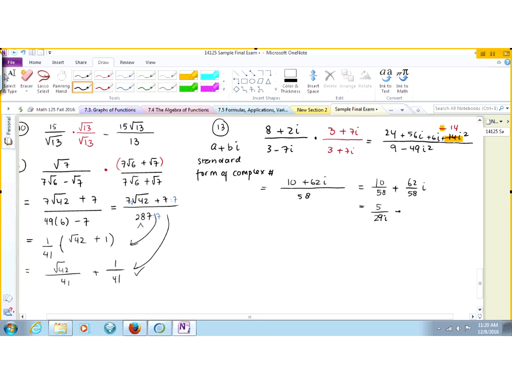Right, where did I have an i there? Yes. Now, what about these? Divide by 2? 31 divided by?